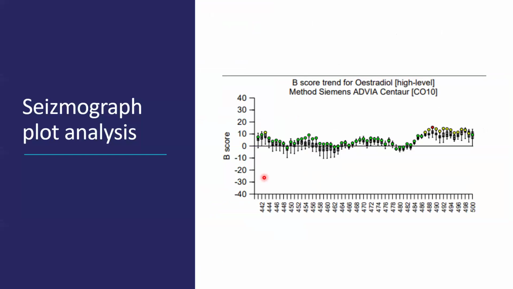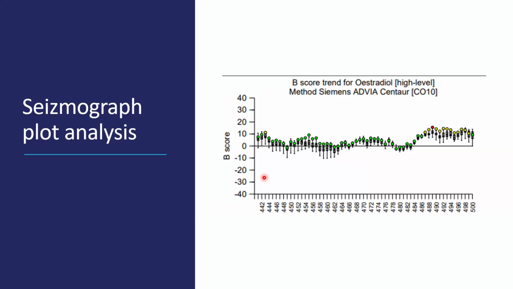I've shown this slide with a seismograph plot analysis because it dominates pretty much all the interpretation of our data when we analyze, and it gives us a good chronology of how our assay has been behaving over time.